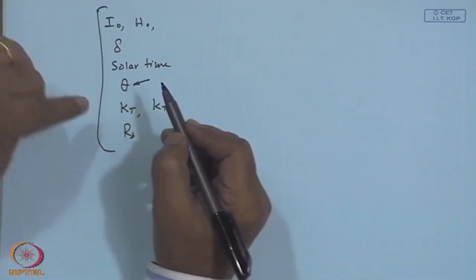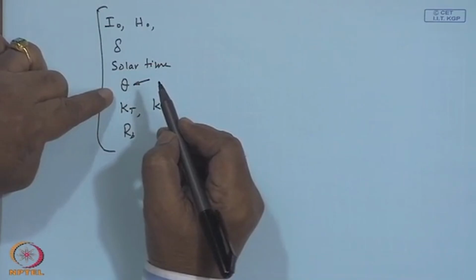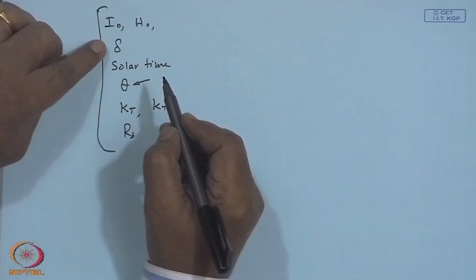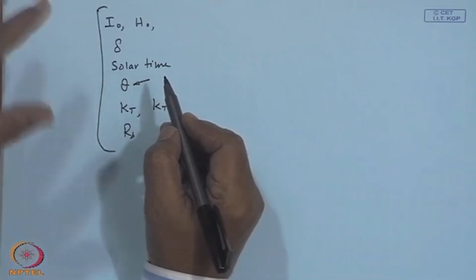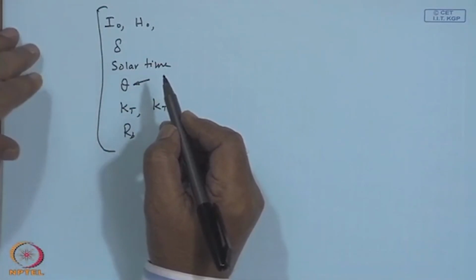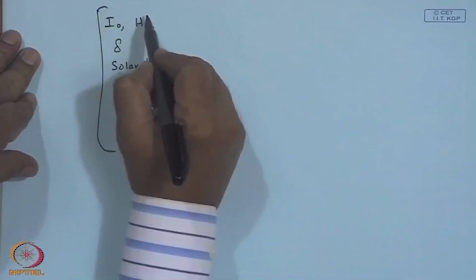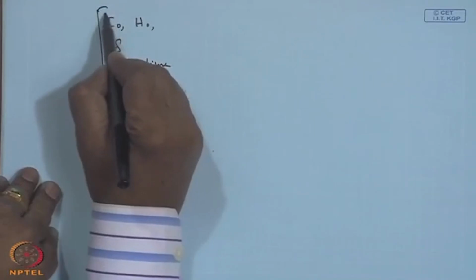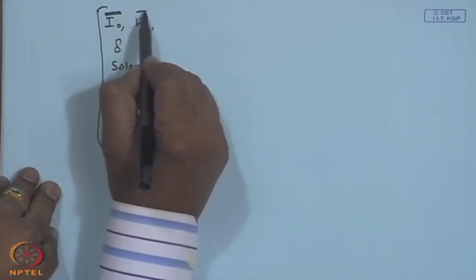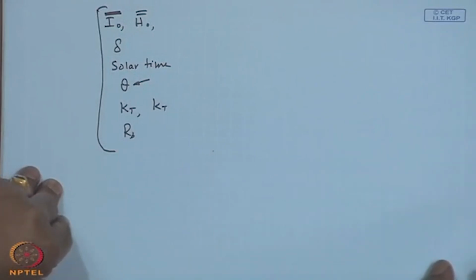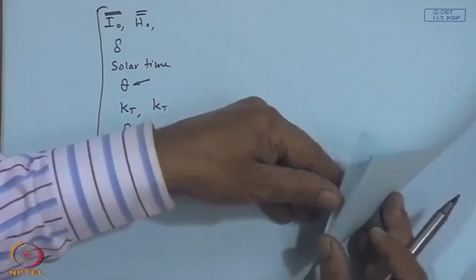Similarly, angle of incidence will be favorable in December when RB is high. Declination changes from negative to positive to negative from January to December, and I0 and H0 are the measures of the extraterrestrial radiation over an hourly time scale and a daily time scale.